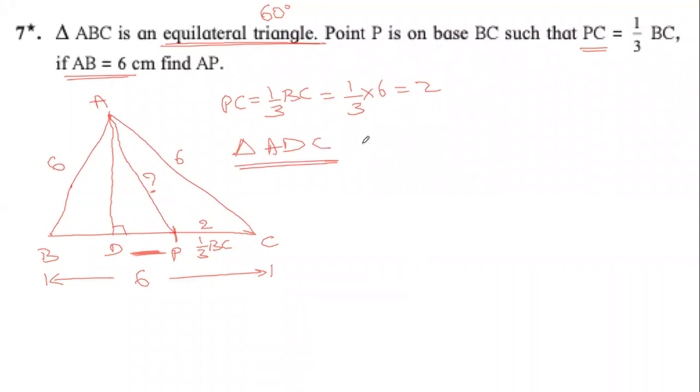In this triangle, angle ADC is equal to 90 degrees because of the construction, and angle ACD equals 60 degrees because angle C is part of the bigger triangle, which is an equilateral triangle. We are looking at triangle ADC.